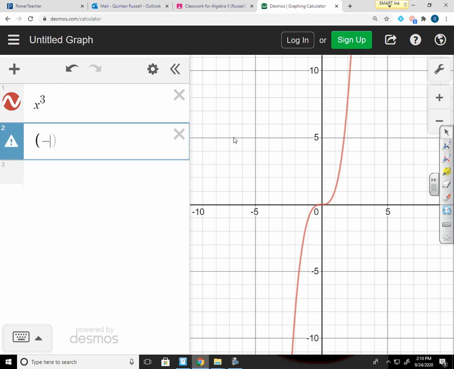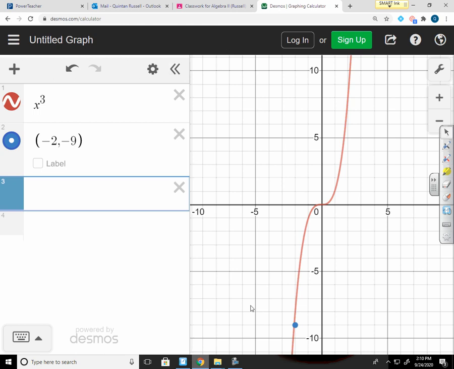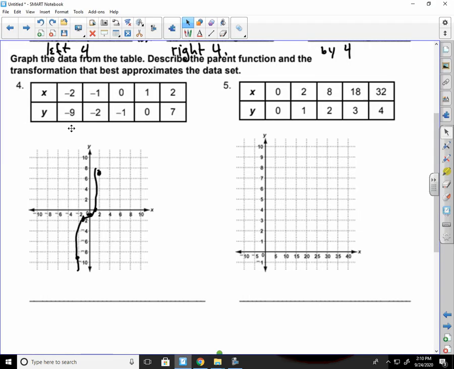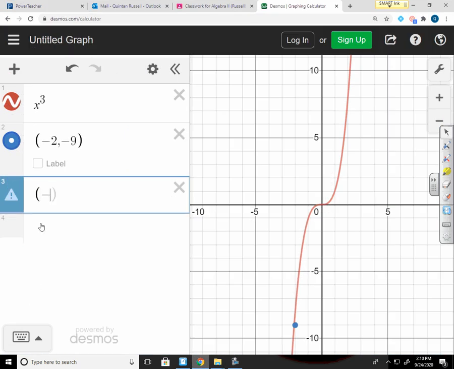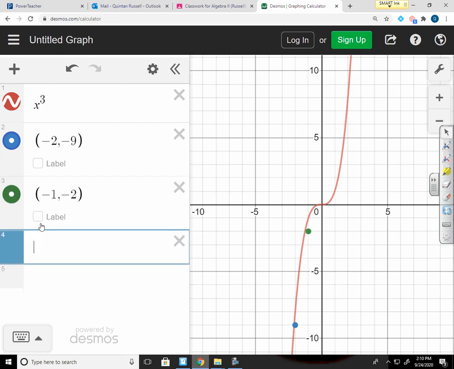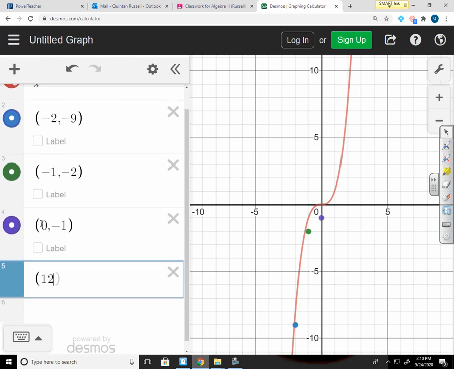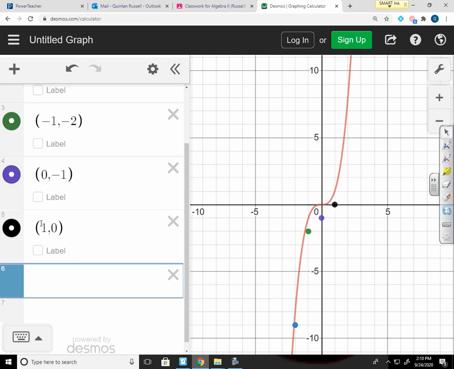Then I can start typing in these points. -2, -9. -1, -2. 0, -1. 1, 0, and 2, 7. And make sure I got parentheses around those.